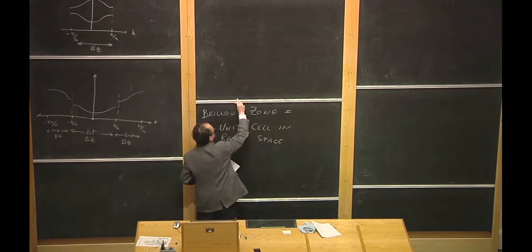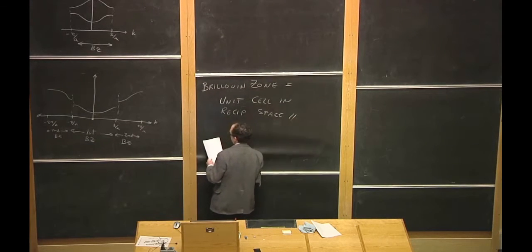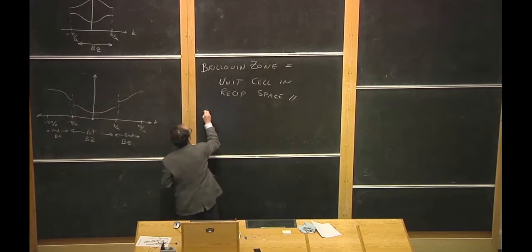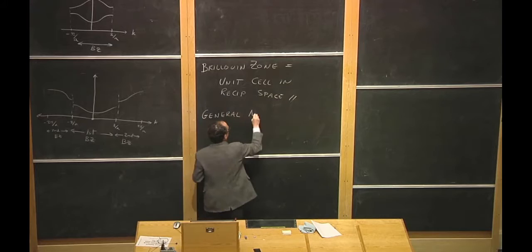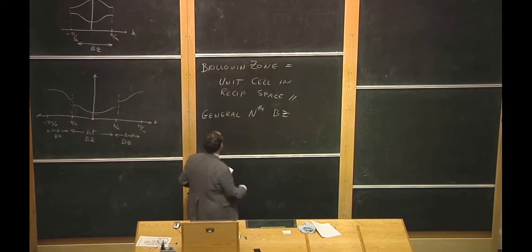And we're going to have to figure out what we mean by first Brillouin zone, second Brillouin zone, and so forth. So a general nth Brillouin zone we define as follows.